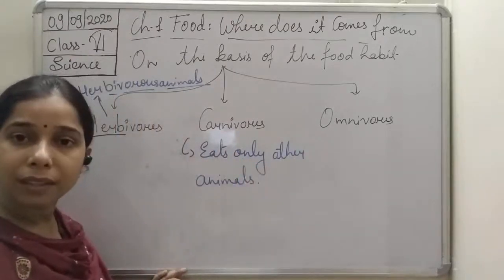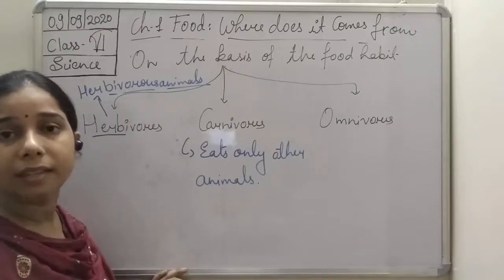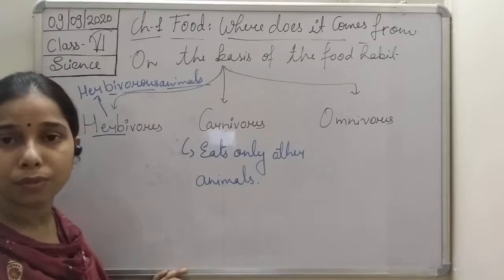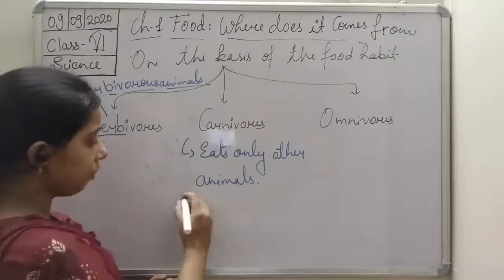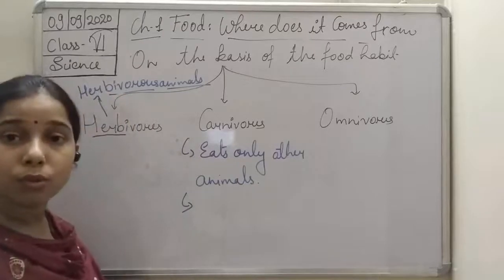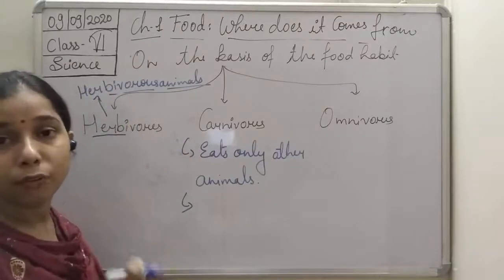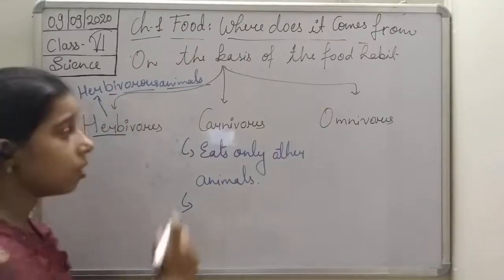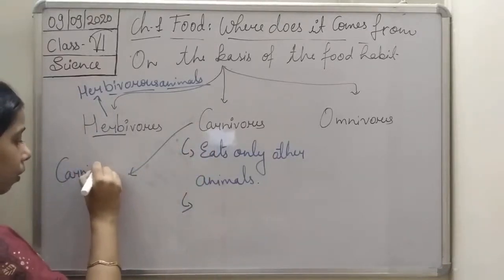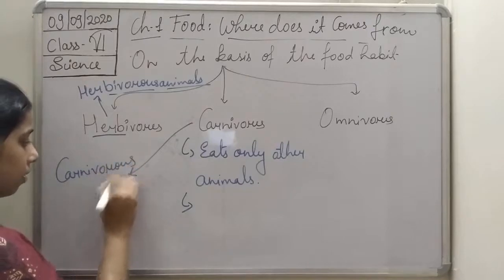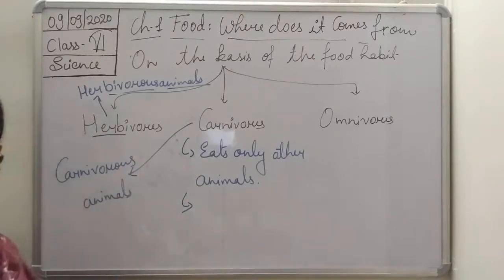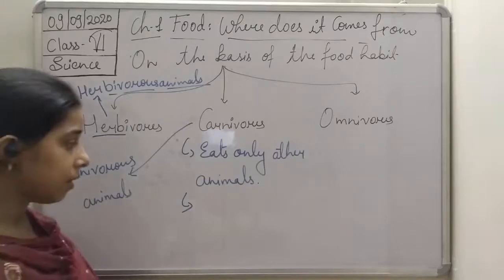So carnivores are those which feed on the other animal. A lot of animals are there which are carnivorous animals, students. Animals that show the food habit of carnivores are known as carnivorous animals. And what are the different kinds of carnivorous animals, students?